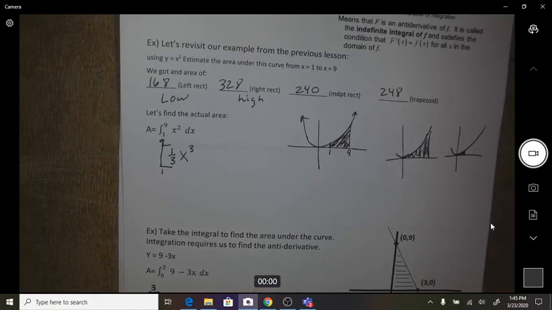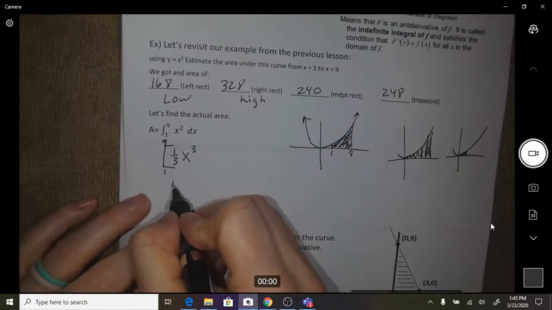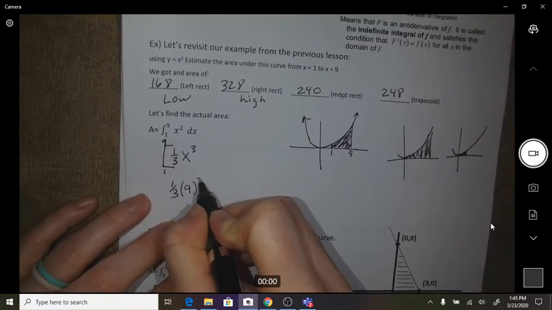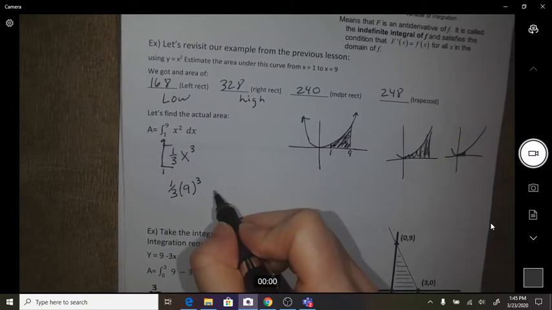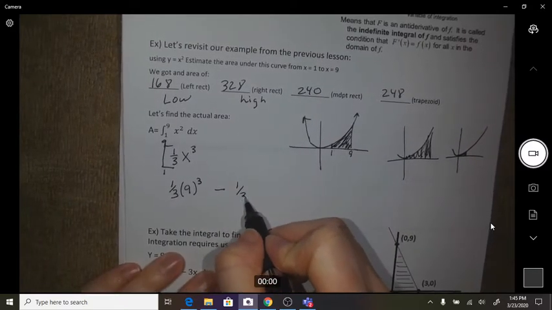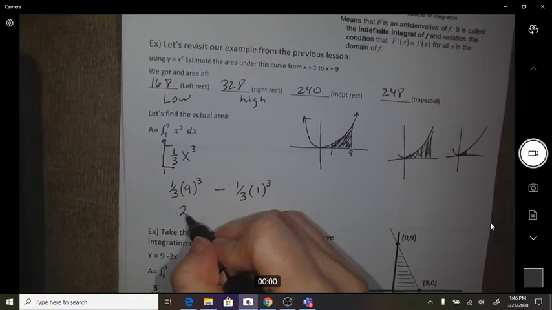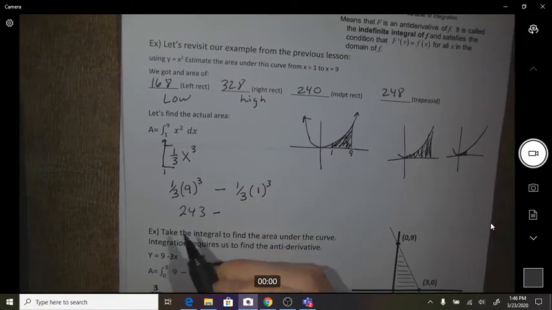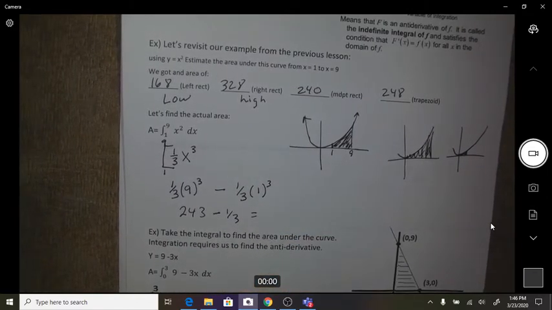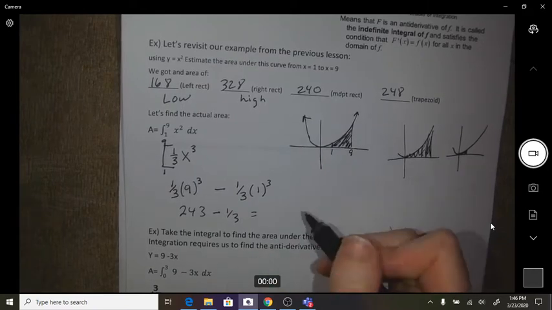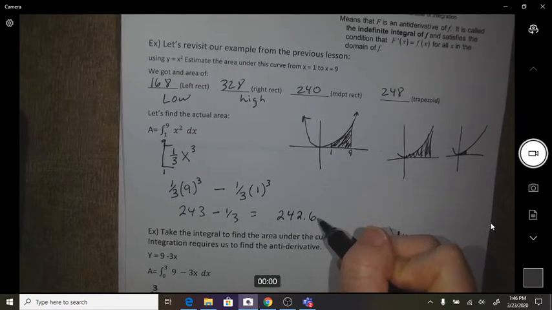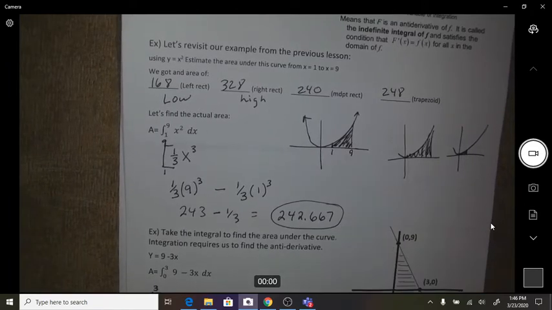So 1/3 times 9 cubed, and then we're going to subtract 1/3 times 1 cubed. 9 cubed is 243, minus 1/3. So that is the area under the curve.